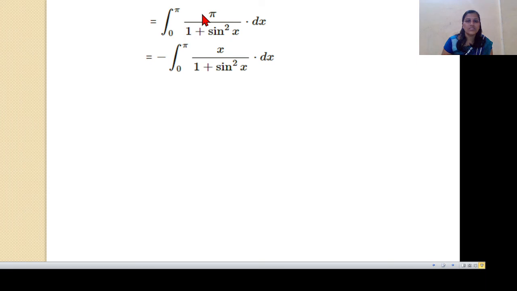You can write these integrals like this with the previous properties. When you change its limit, the value gets a minus sign. So this step appears.